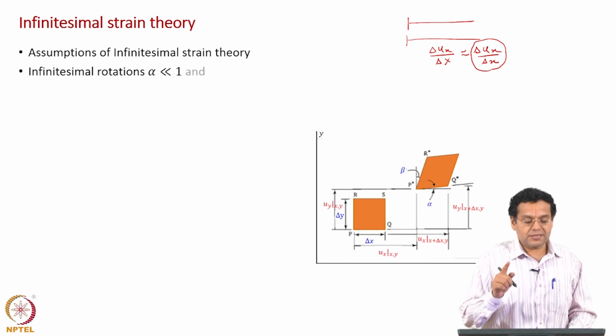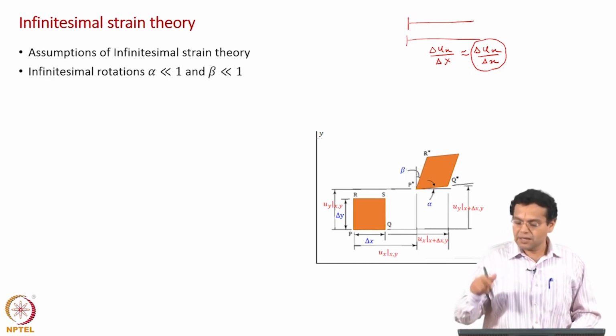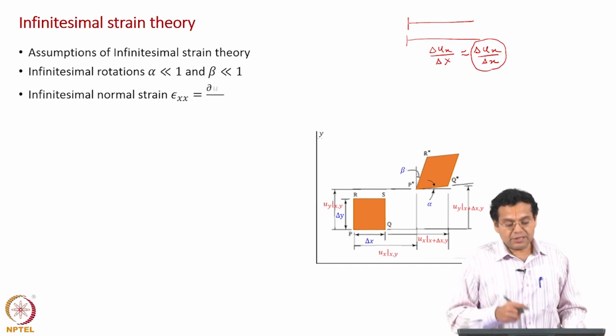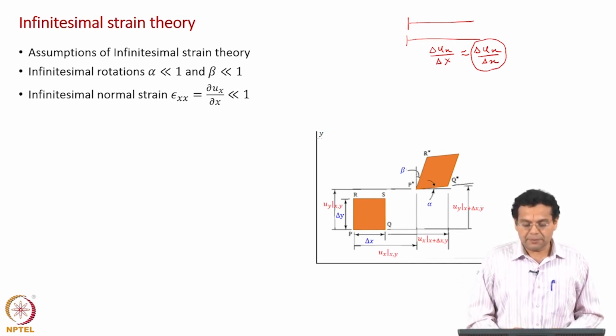What did we say first? Infinitesimal rotations, alpha much less than 1, similarly beta much less than 1. Then when we derived the expression for shear strain, what did we say? Infinitesimal normal strain, okay, which means that epsilon xx or dou ux by dou x is much less than 1.